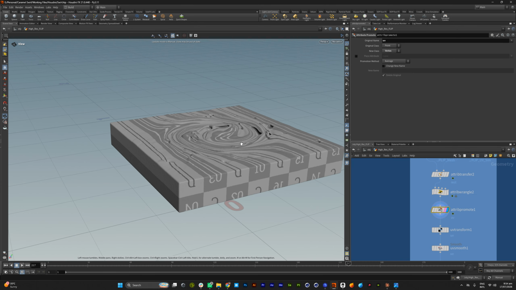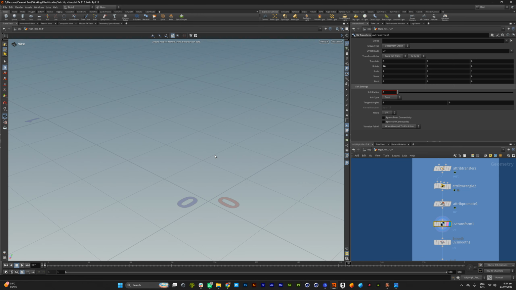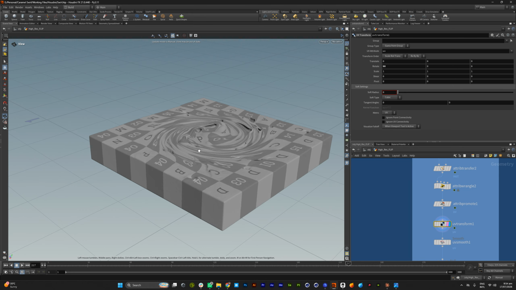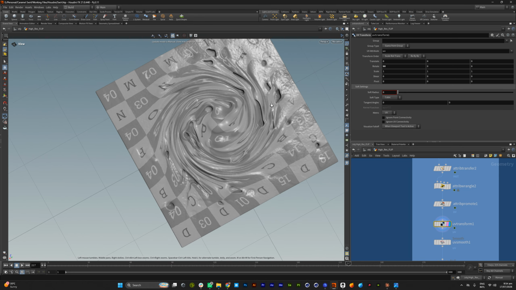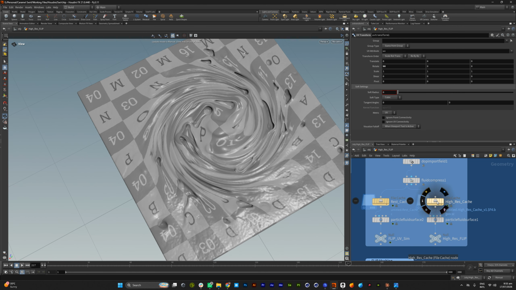Because this was a simple UV, I just used a UV transform to rotate that at 90 degrees, and it gave me this UV. But one thing that I did over here was, because this simulation was so high res, I was not able to use it on an attribute transfer because it would take forever to load in the cache and then transfer that attribute.